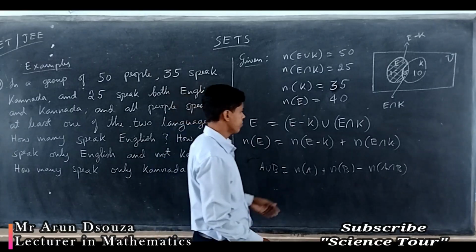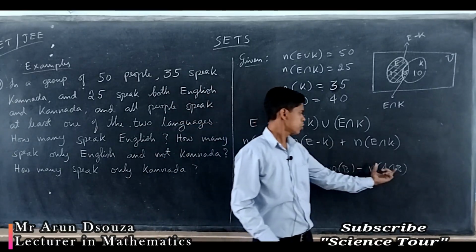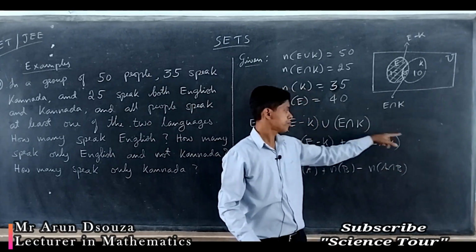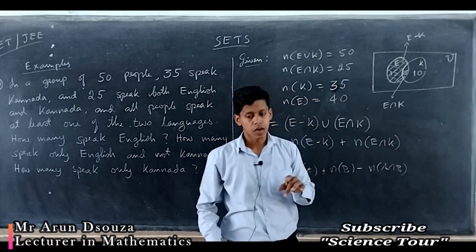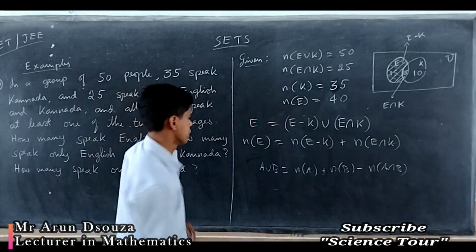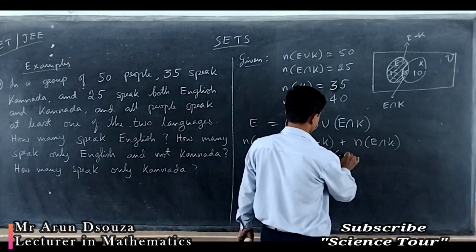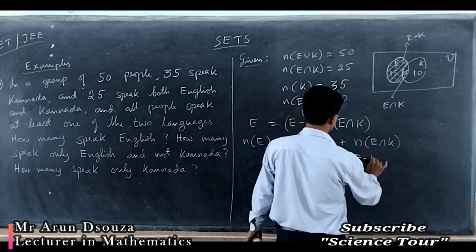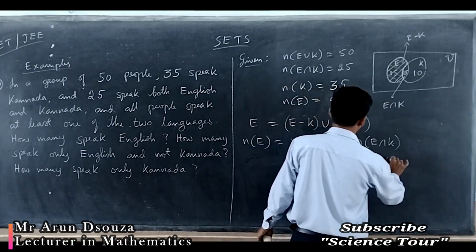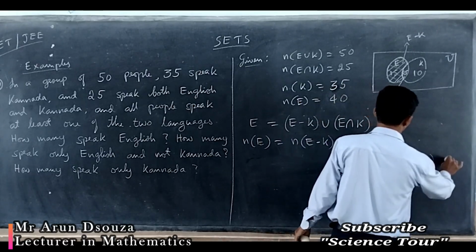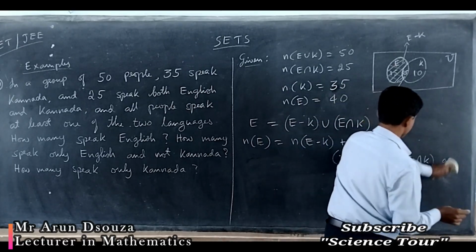Therefore this much is enough. You don't have to write minus N of the intersection of these two. Why? Because they are disjoint. So that's what I will write here: because E minus K and E intersection K are disjoint.